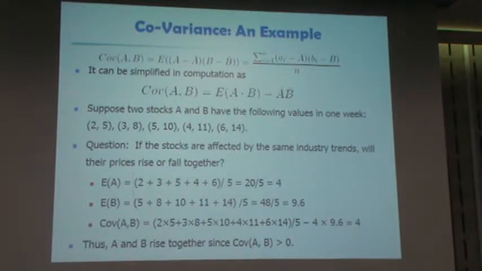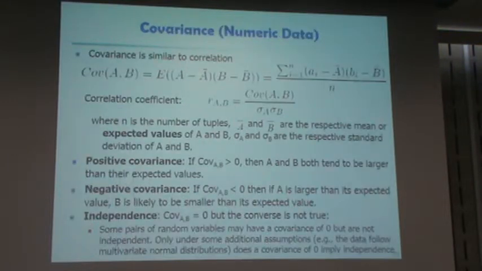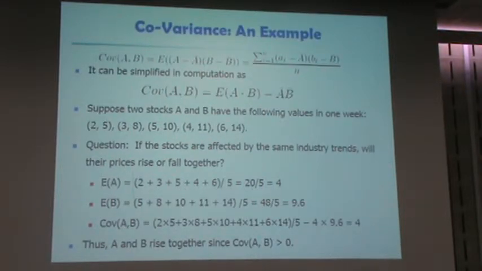Or we can simplify the covariance as E of AB minus the product of the means. So we can use this equation. 2 times 5 plus 3 times 8 plus 5 times 10 and so on, divided by 5, that is the expectation value of A times B, minus 4 times 9.6. The result is 4, a positive value.